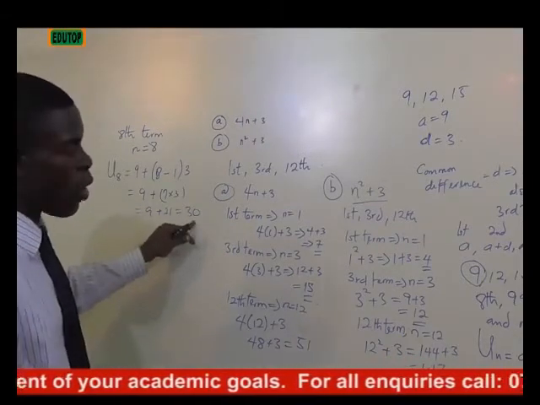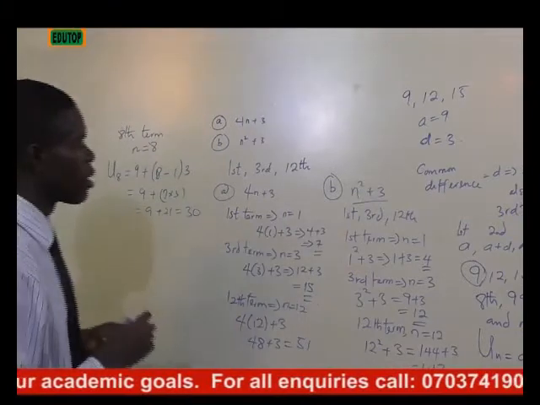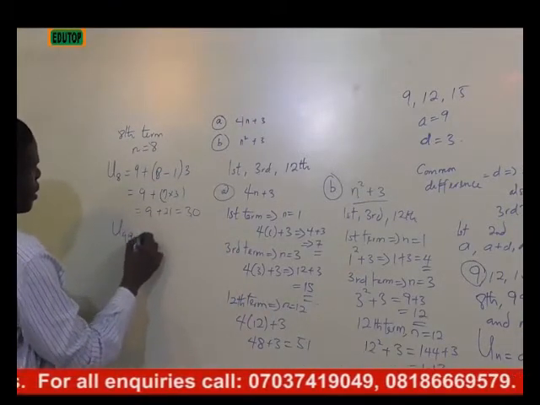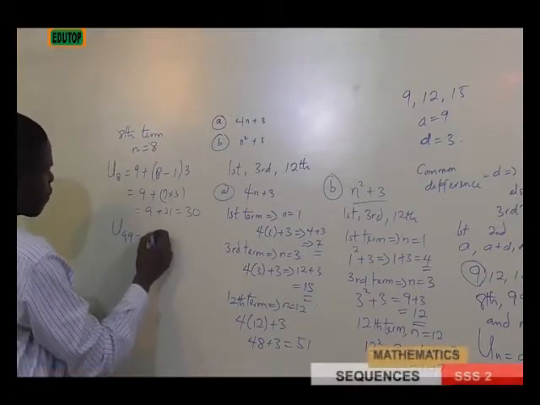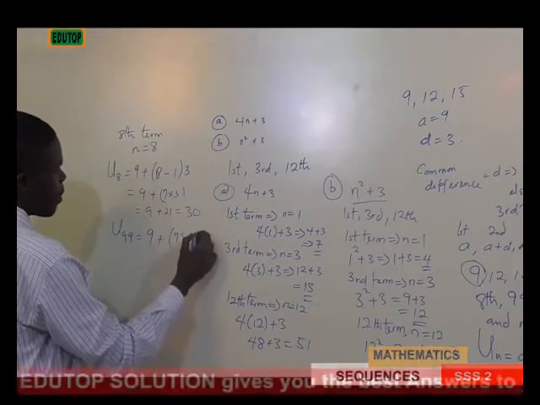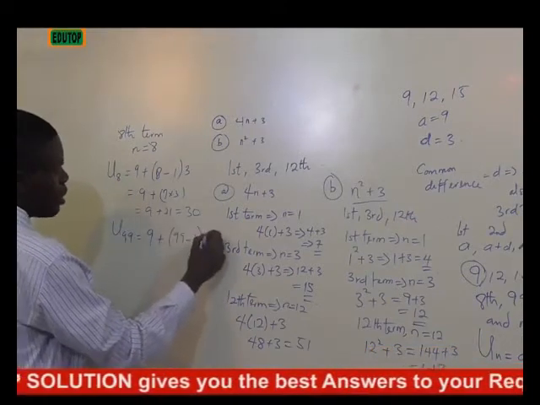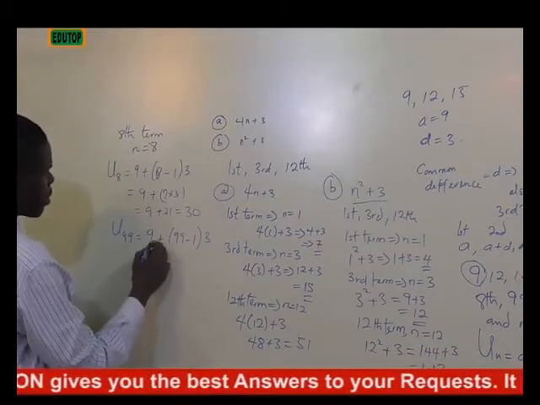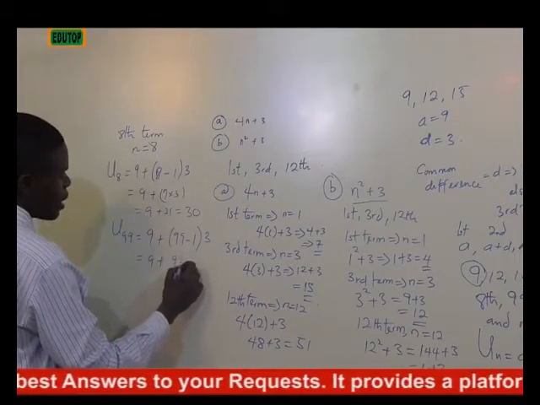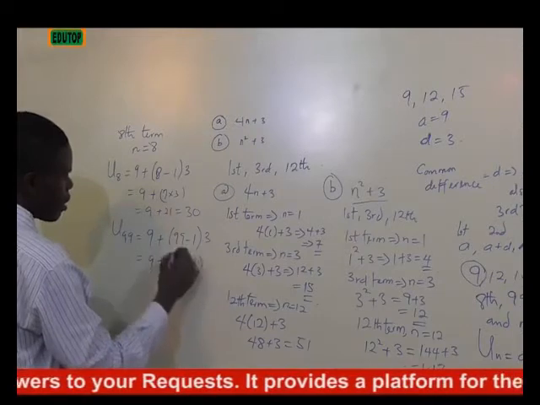the result is 30. For the 99th term, U99, you have A, which is your first term, 9, plus 99 minus 1, then D, which is 3. So this gives 9 plus 98 times 3.